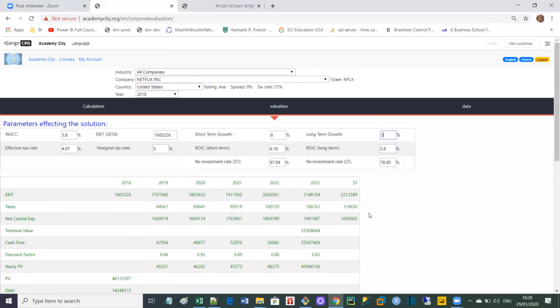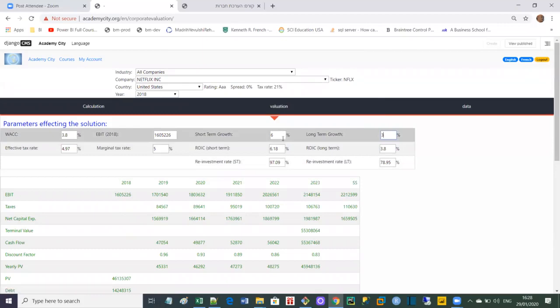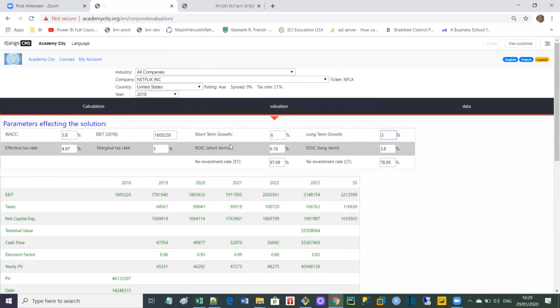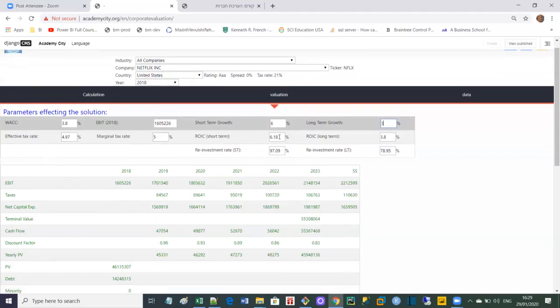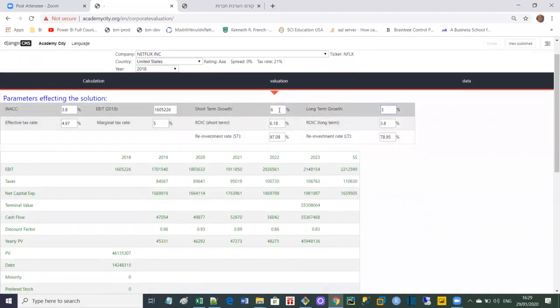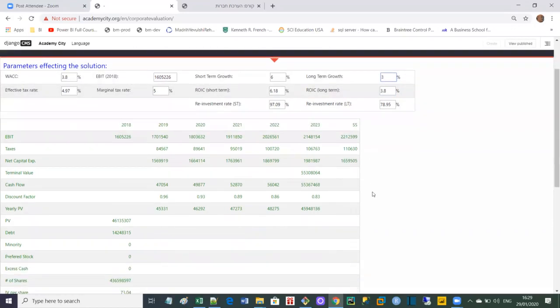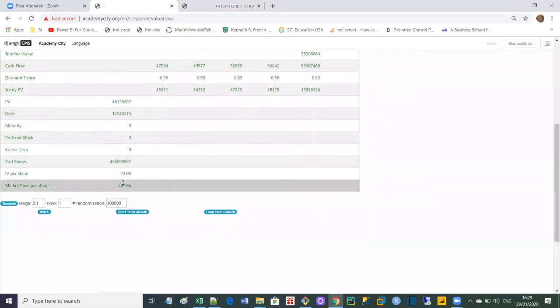In the simulation here, we assume that all those variables might have a kind of normal distribution around the values that we just plugged in here. For example, let's say the short-term growth is not exactly 6%, but follows a normal distribution around it. Let's see what the distribution of the final value will be.